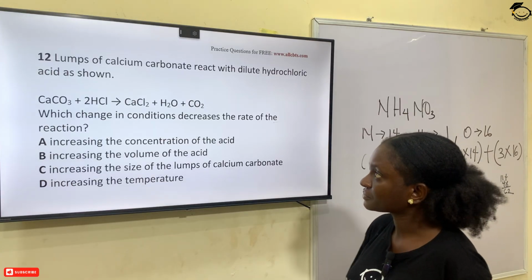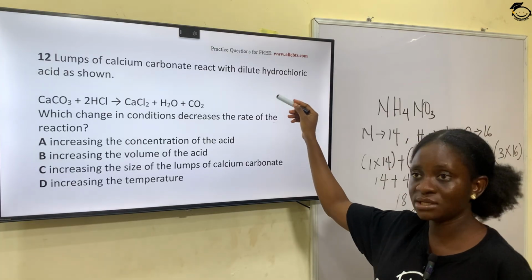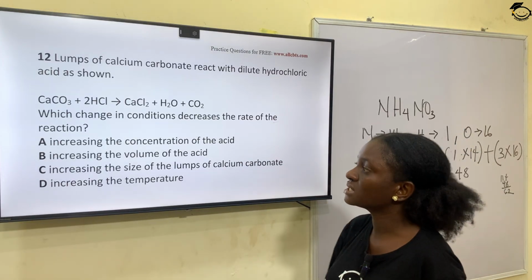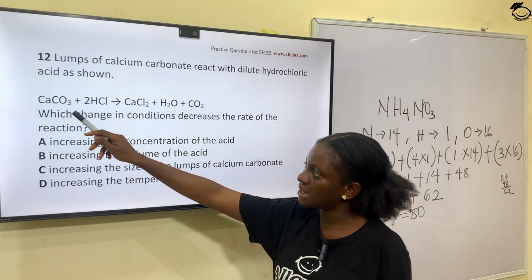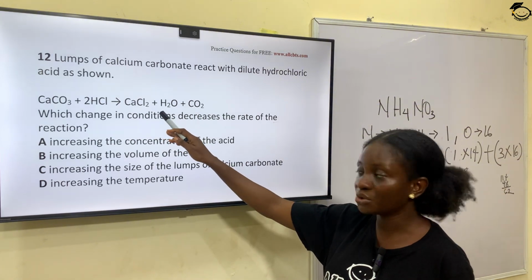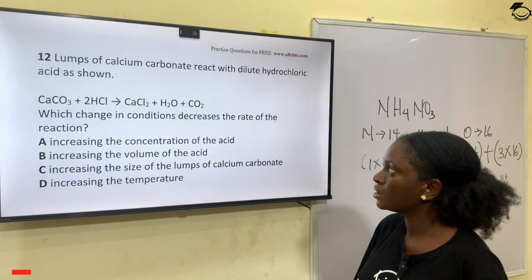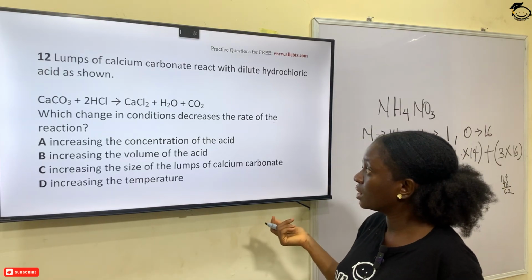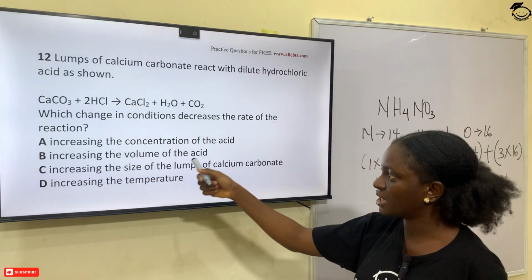Question 12. Lumps of calcium carbonate react with dilute hydrochloric acid. This is the equation provided here. We have calcium carbonate reacting with hydrochloric acid to give calcium chloride plus water and CO2. Which change in conditions decreases the rate of reaction?